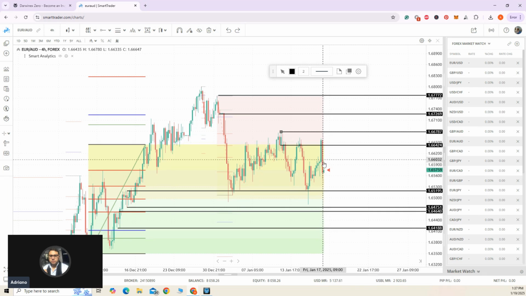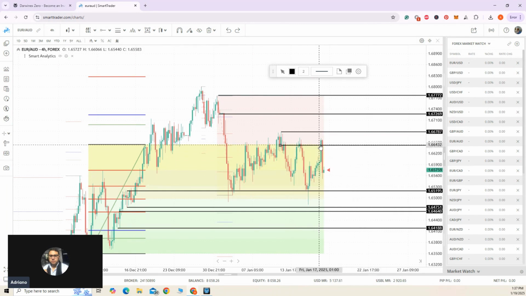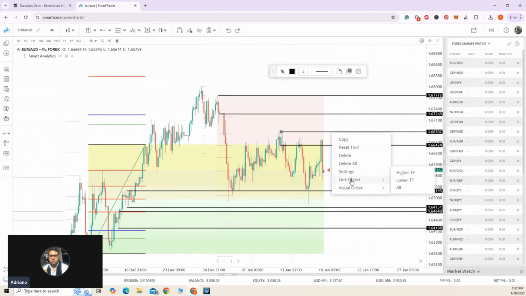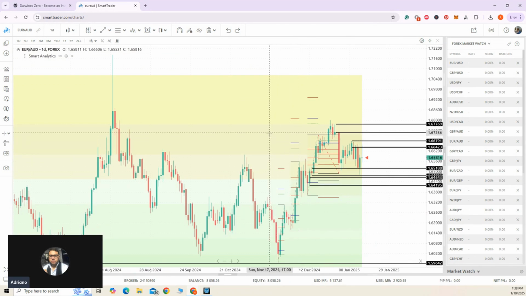This one works pretty good, but I try to focus on no more than two times per zone. So let me link this to the daily. And yes, now I'm gonna go to my daily time frame, and then you see it.